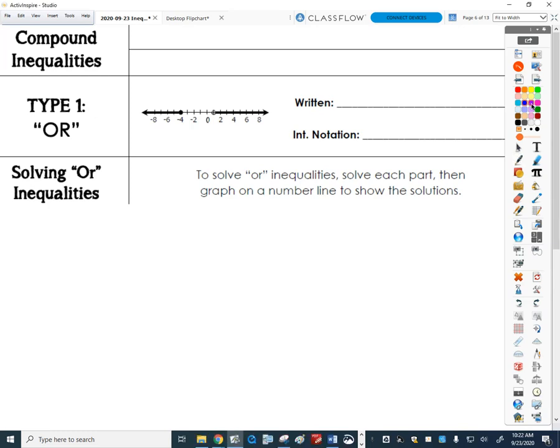That just means multiple together, right? So compound inequalities, really that's just saying two or more inequalities taken together.